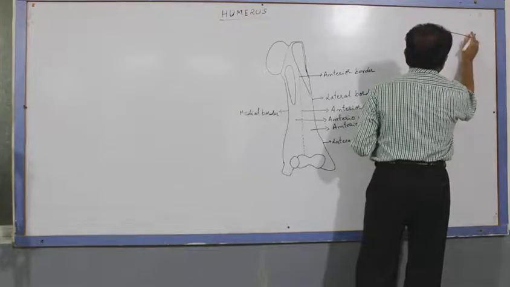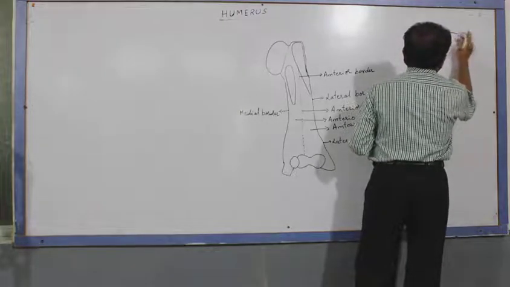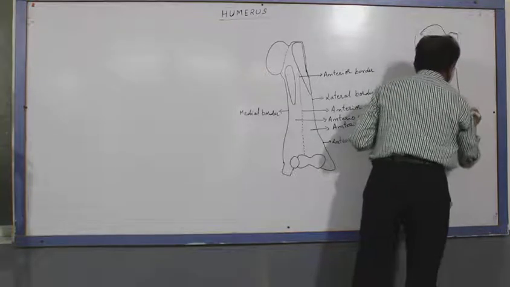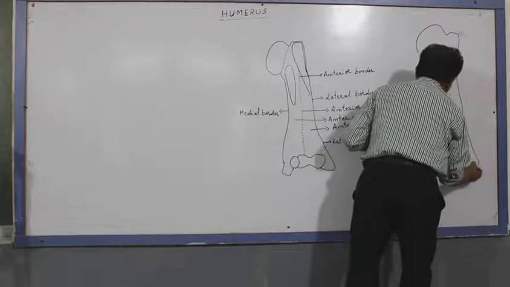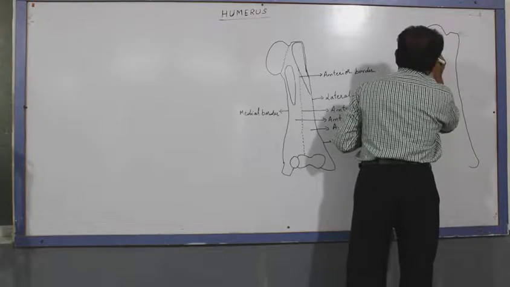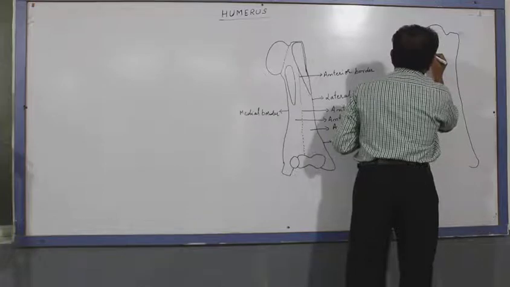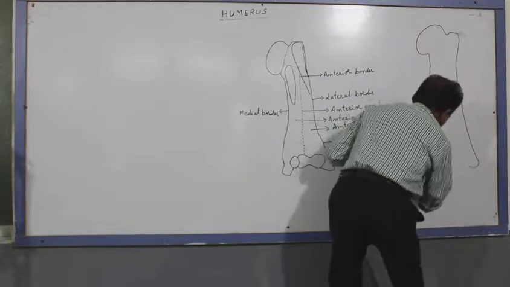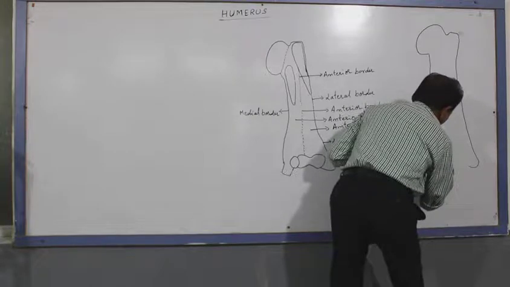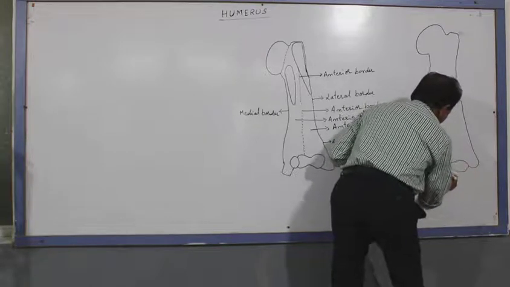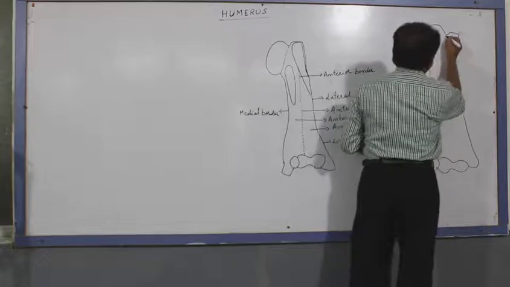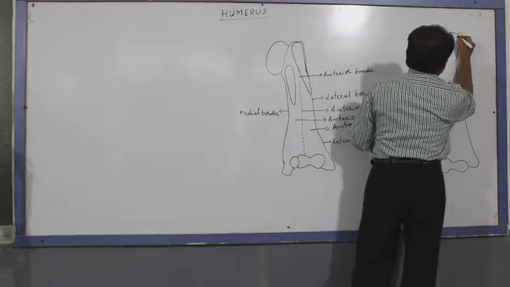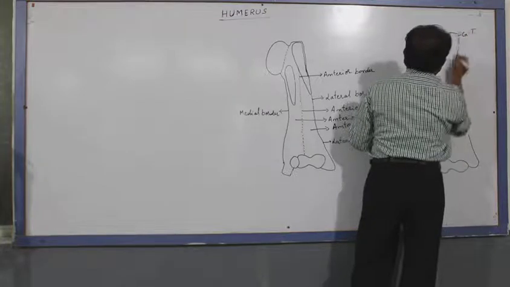It is a greater tubercle, lateral supracondylar ridge. Here is the humerus. So here, the neck is next to the greater tubercle.